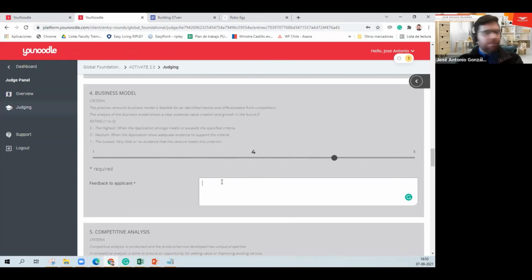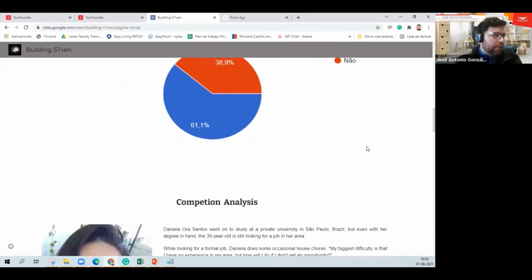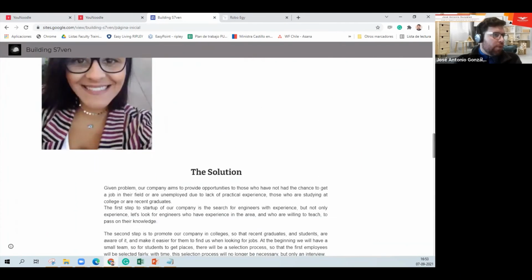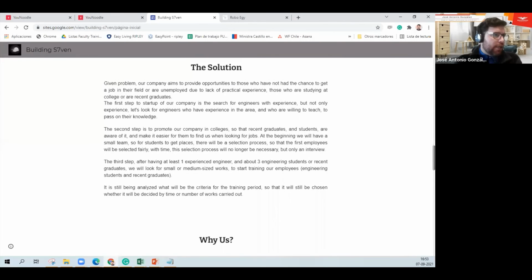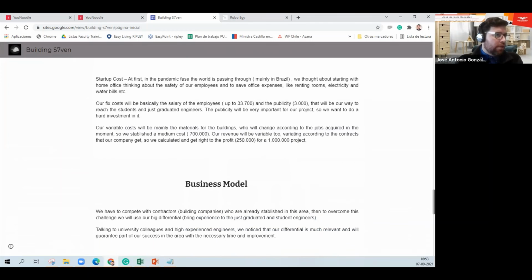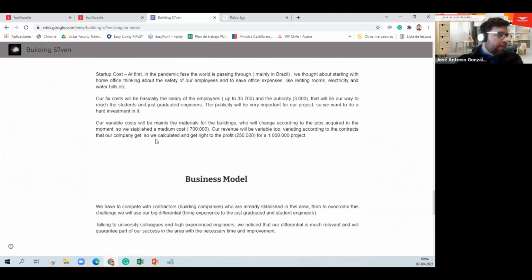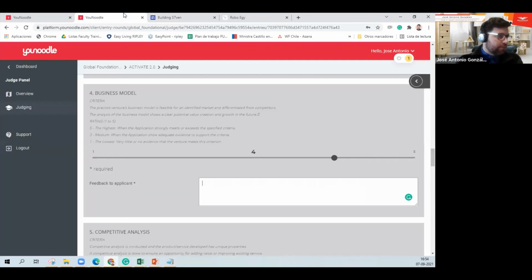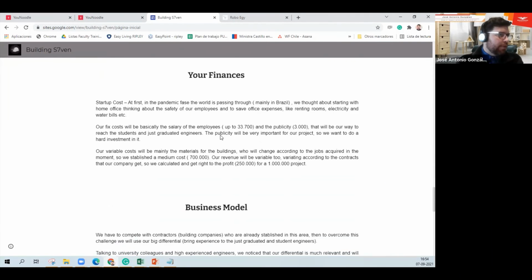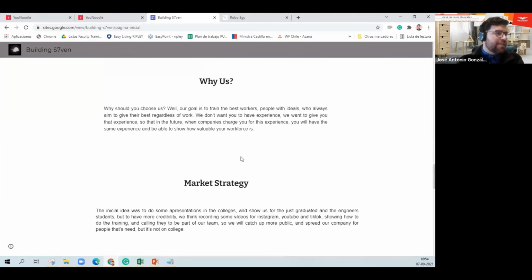Yes, they identified some opportunities to grow, and some engineers that they interviewed showed interest in the practice venture's investability here. But also I could add in business model that they have a very well defined strategy, and I believe that this problem is very important as well.